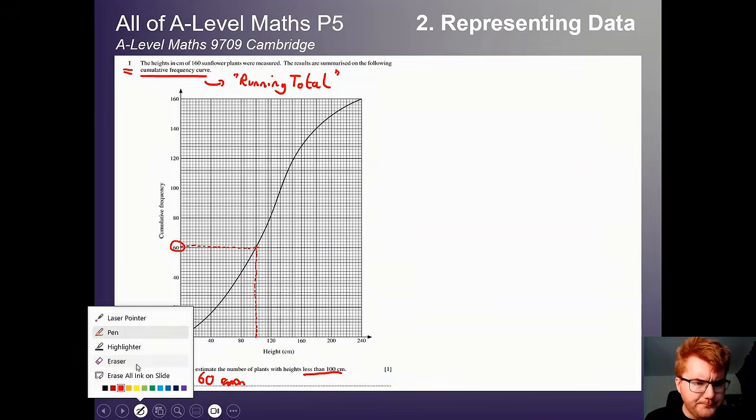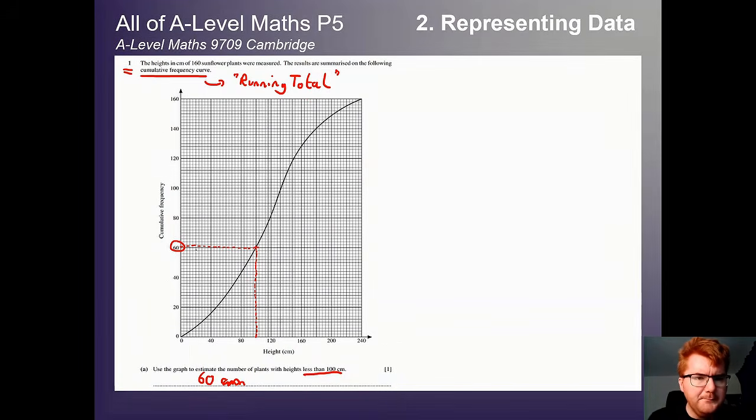So here we get our pen out. Again, we're going to find 104. Now the scale here is a little bit more tricky here. So again, let's look very carefully. So it's going up in twos. So it should be this one here. So 100, 102, 104. Again, accuracy is the most important thing here, because there's not much room for error.